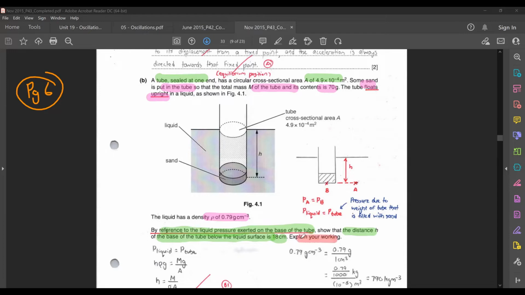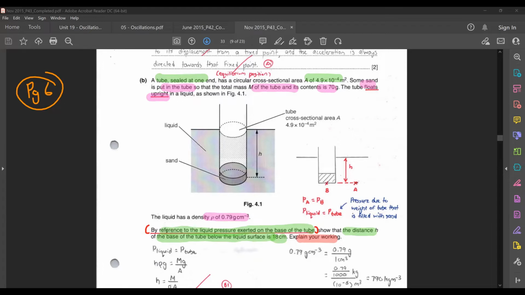Explain your working. Here specifically they ask you to refer to the liquid pressure exerted on the base of the tube. This one kind of relates to your AS last time.